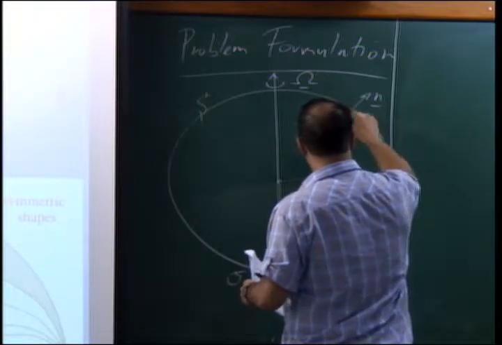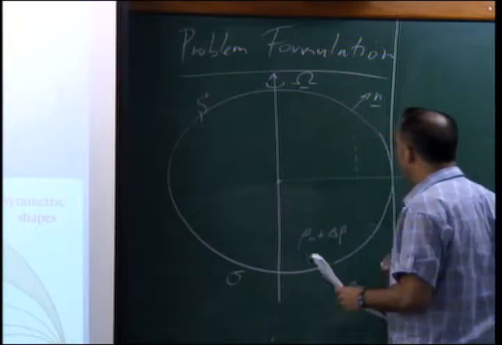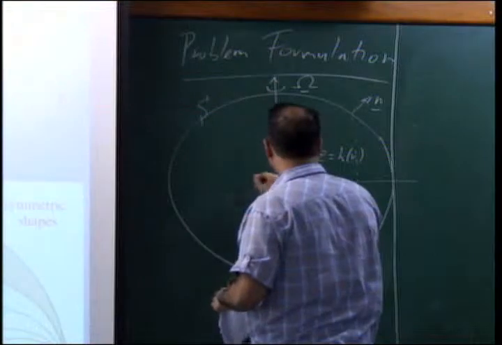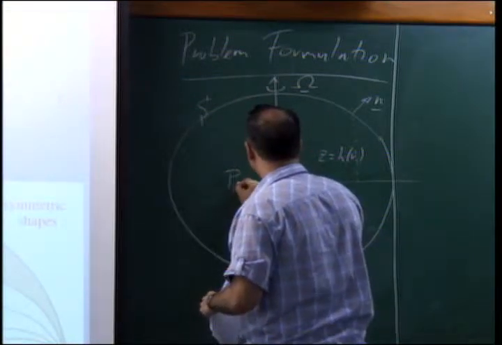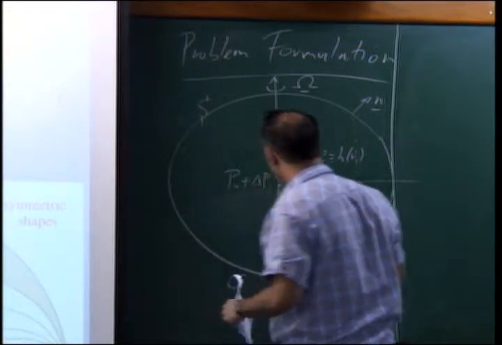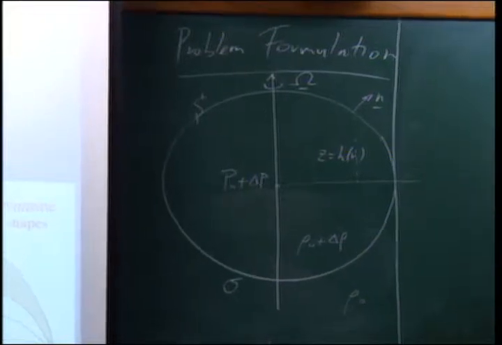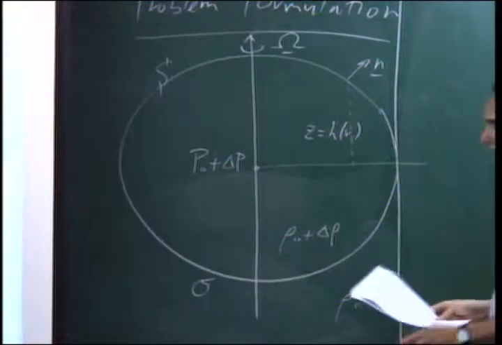And we can describe the height. So if it's axisymmetric shape, then this shape is uniquely prescribed as a function of R. Okay, so the pressure on axis, so the center is going to be P naught plus delta P. And we expect the pressure to increase with R squared, so the centripetal pressure.